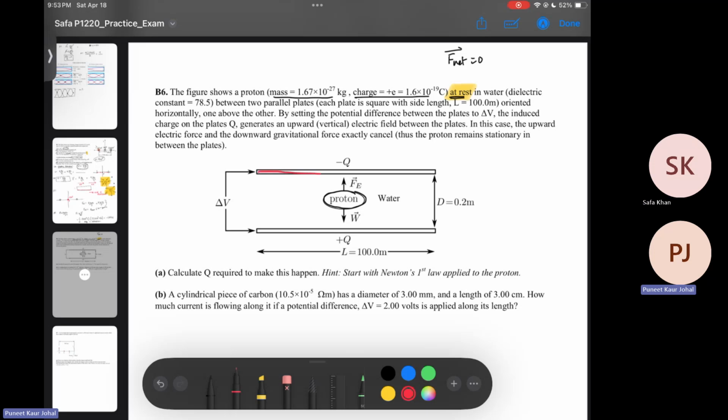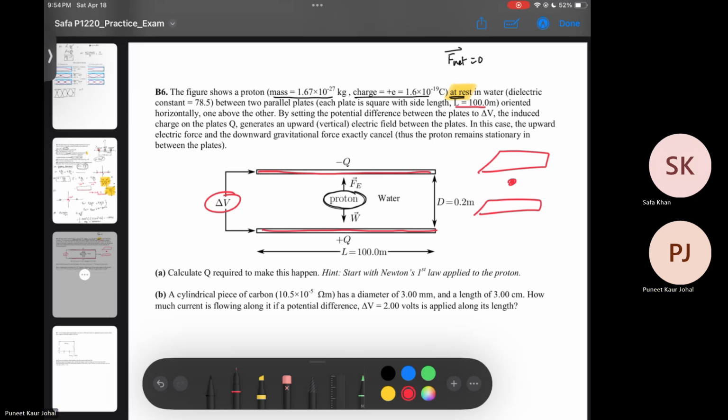There are these two parallel plates. Each plate is a square with a side length of 100 meters, oriented horizontally one above the other, and then there's this charge right here. Of course there's water in here, it's filled with water. By setting the potential difference across the plates to delta V, induced charge on plates generates an upward electric force.